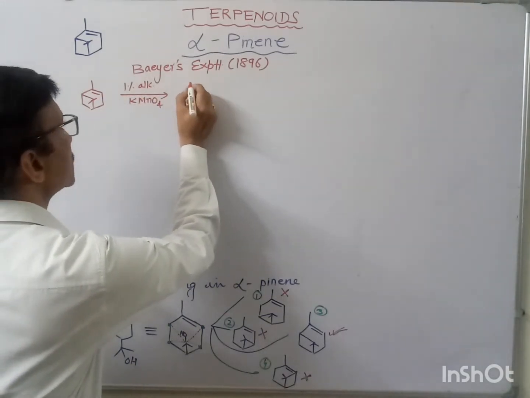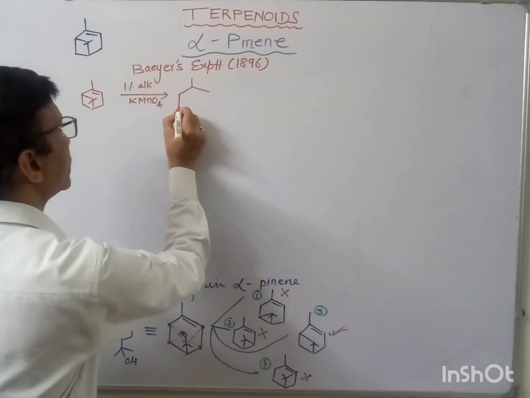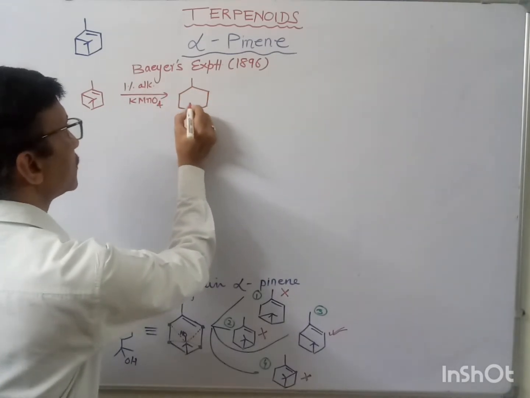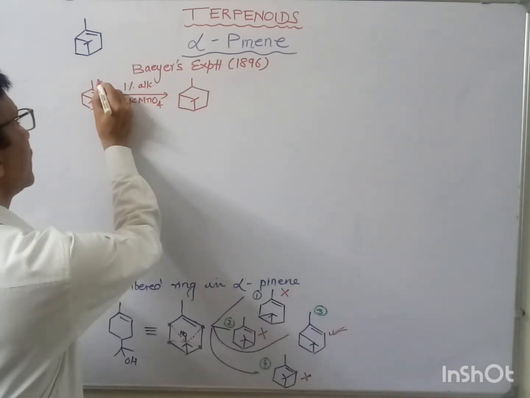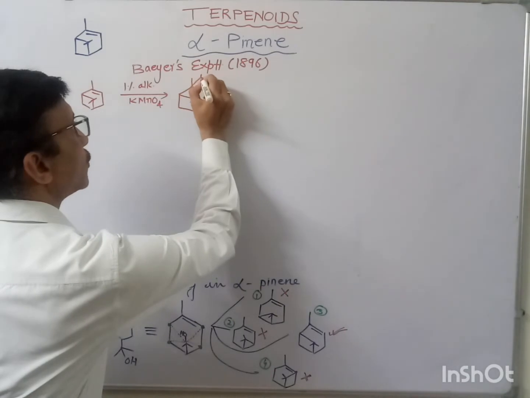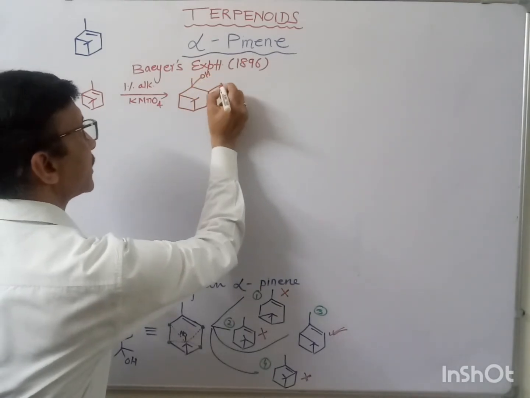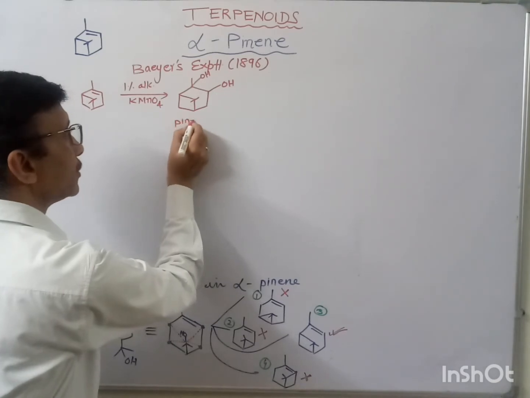Then it forms the pinene glycol. So this OH group would be attached over the double bond. This is one of the OH groups, and this is the next OH group. So it forms the pinene glycol.